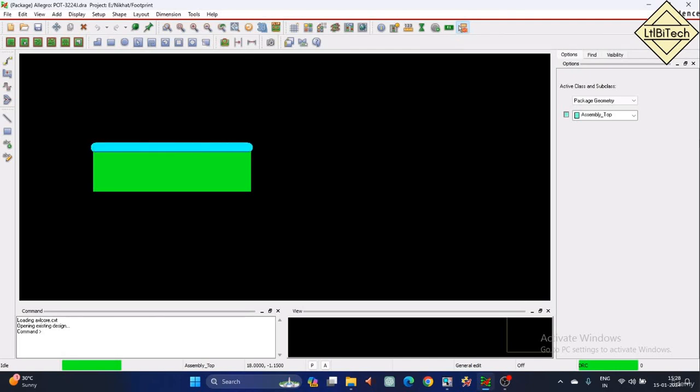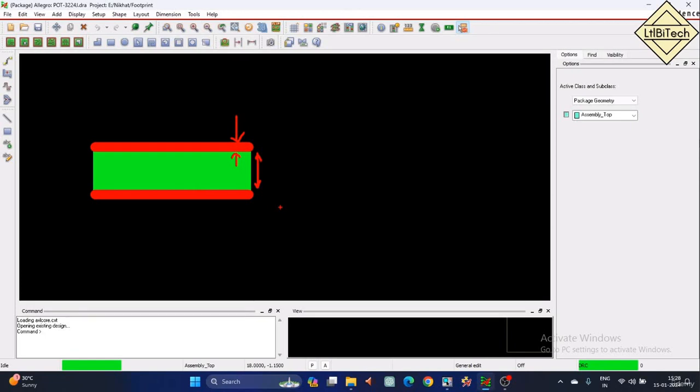Here I'm drawing the non-conductor, that is the FR4 material, and then the copper material. We will discuss the standard thickness of the copper, then the standard thickness of the core. The core is this one, and if we have a prepreg, we'll also discuss the prepreg thickness standards.